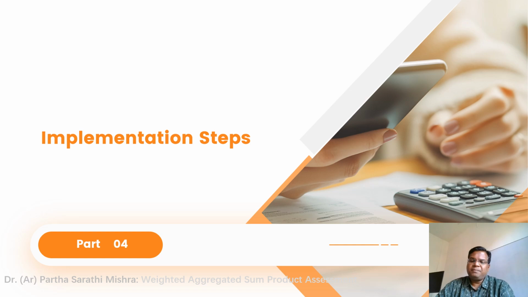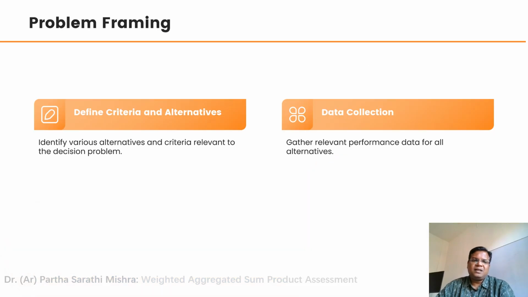Next are the implementation steps, like define criteria and alternatives. As I told you, defining the criteria, or what are the variables that we want to use to select a particular alternative, is very much important.